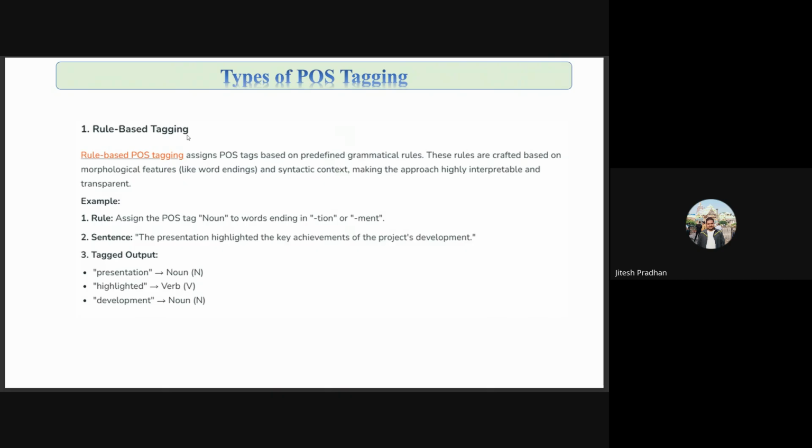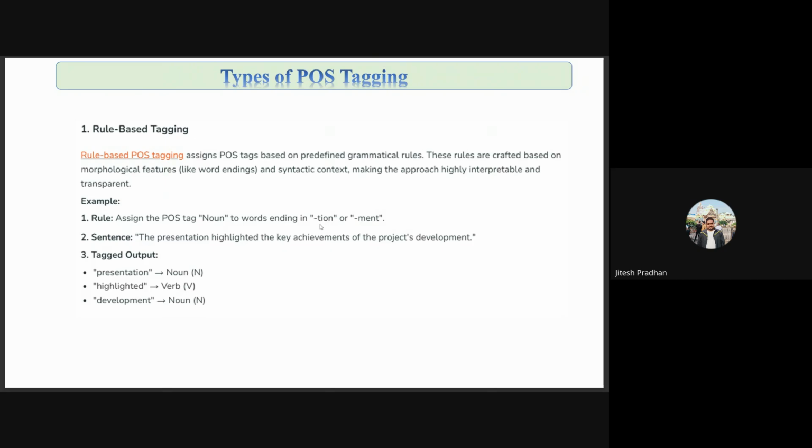In simple words, rule-based POS tagging assigns grammatical tags using handwritten grammar rules. We have predefined rules and a dictionary, and based on that, it will do the tagging. For example, look at the rule: assign the POS tag noun to the word ending with TION or ending with MENT.